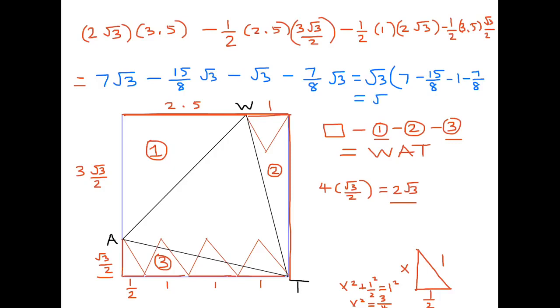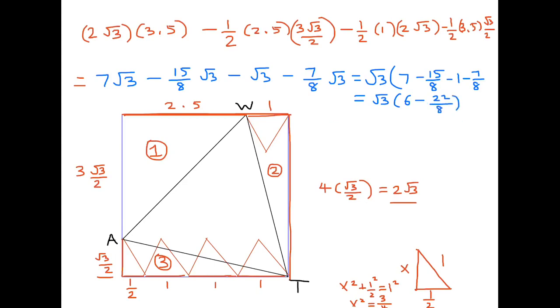So this is going to be root 3 times 6 minus 22 over 8. And this gives you root 3 times 26 over 8. And that can be simplified to 13 over 4 root 3. So that is the area of WAT.